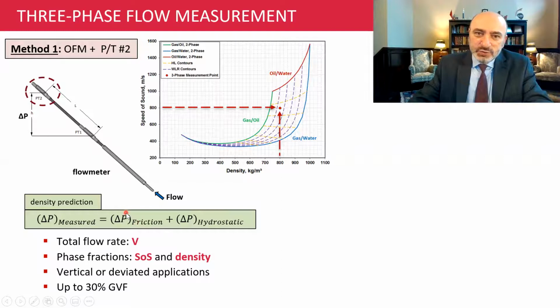It is possible to do 3-phase measurements even in the horizontal configuration, as long as this frictional term is large enough. If this is large enough, that means that I may have the resolution to predict the density. What does that mean?